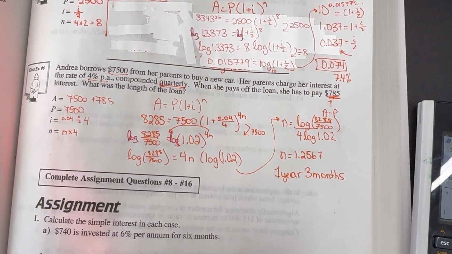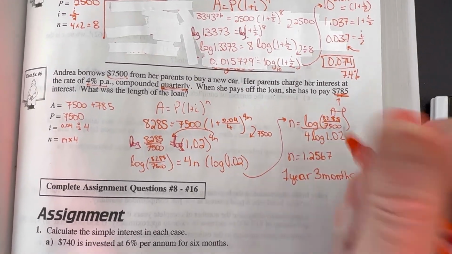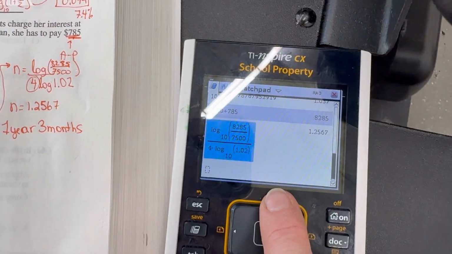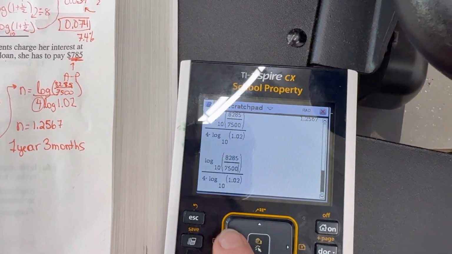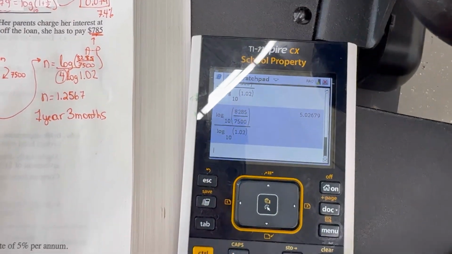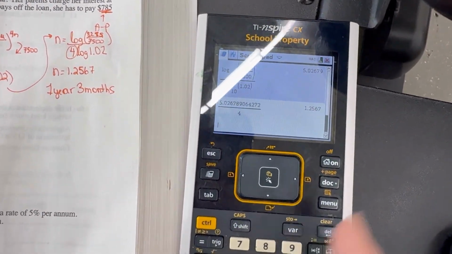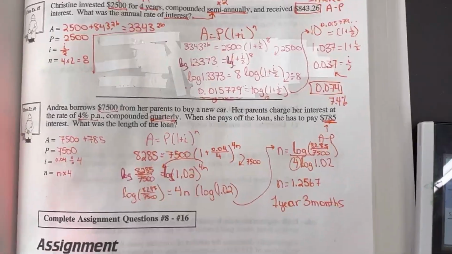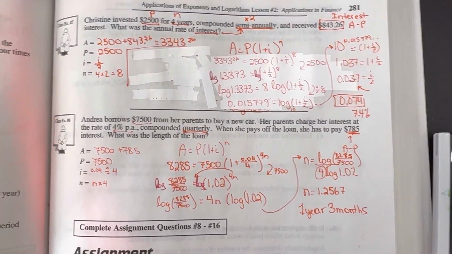Okay, cool. You could have also done it by just dividing by the 4 at the end, but it should still work, right? So there you go, 1 year, 3 months. So you can get going on your assignment now.